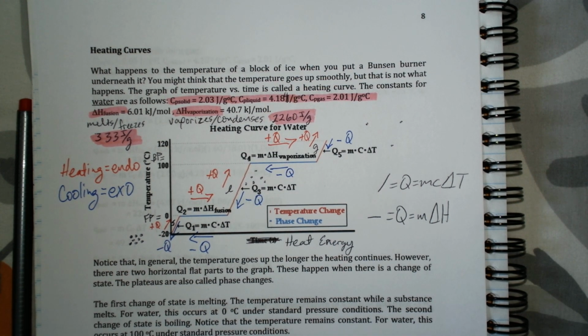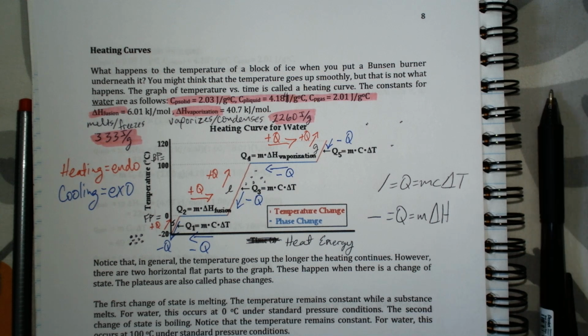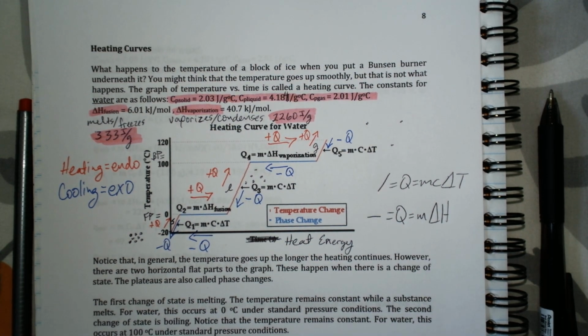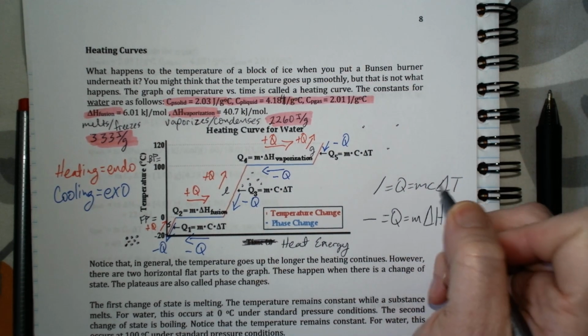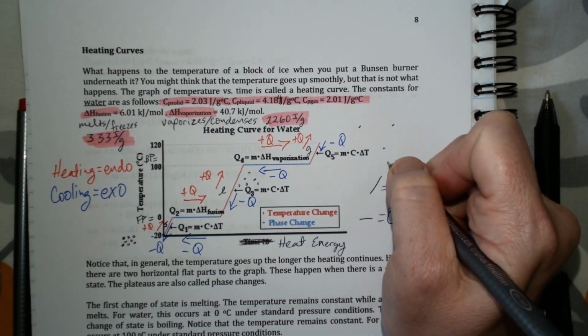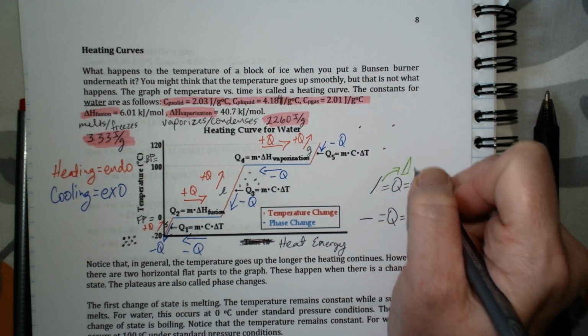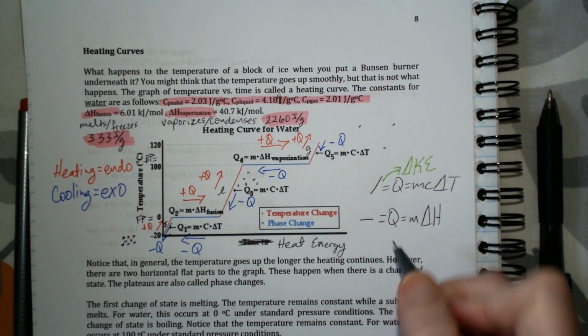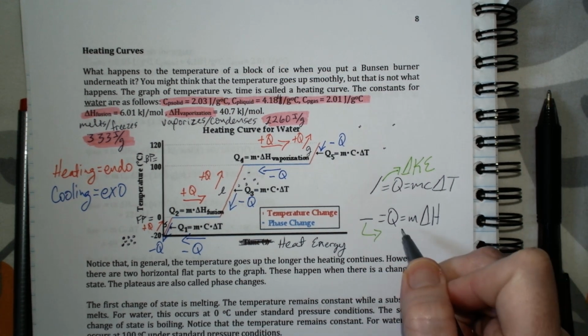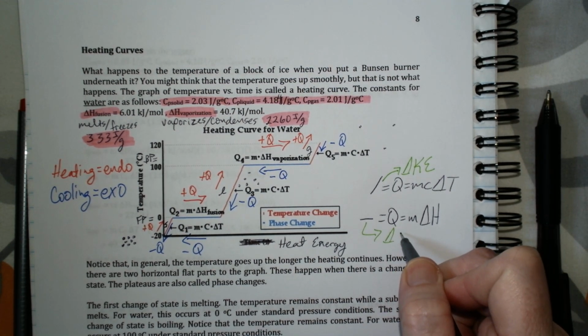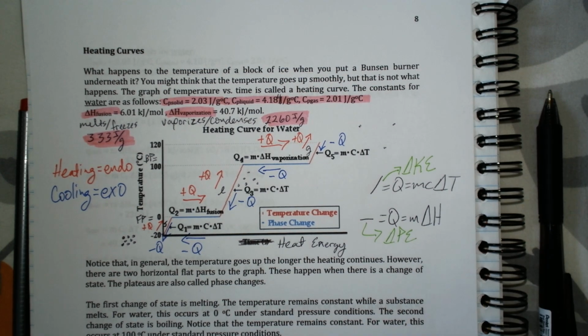Okay, so you do need to know where there is a kinetic energy situation and where there is a potential energy situation. For every slanted line, this is telling you that there is a change in kinetic energy. For every flat line, this is telling you that there is a change in chemical potential energy. So that's important to note.